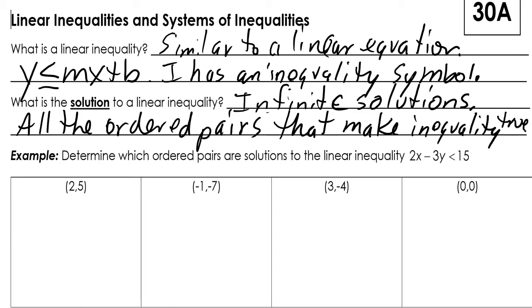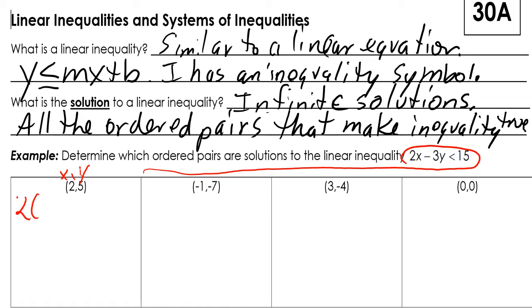Okay, so here's an example. Determine which of these ordered pairs are solutions to the linear inequality 2x minus 3y is less than 15. Our ordered pairs are always written x comma y, so I'm going to plug in 2 for x and 5 for y and decide if I have a true statement or not.